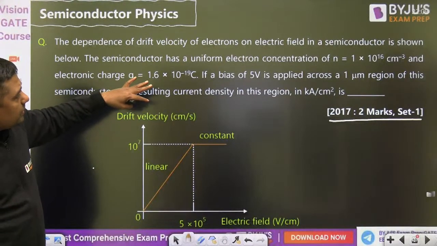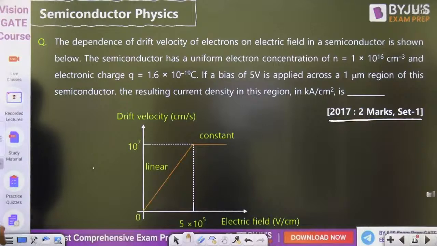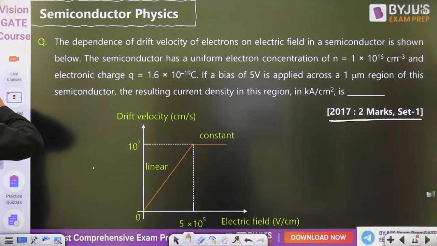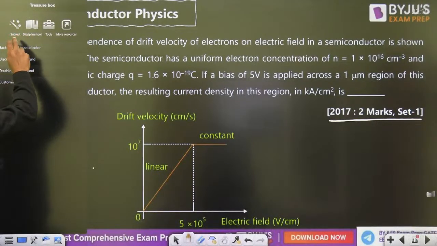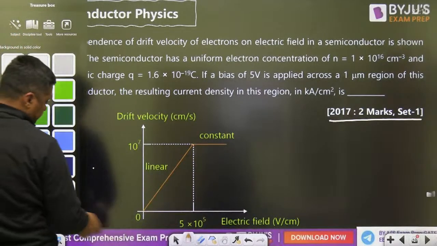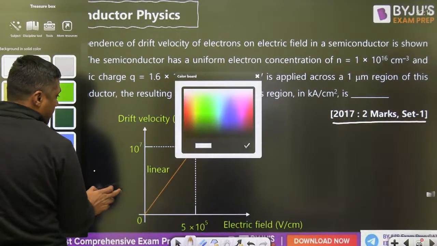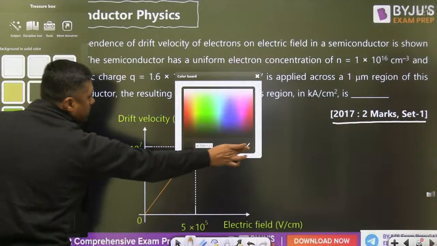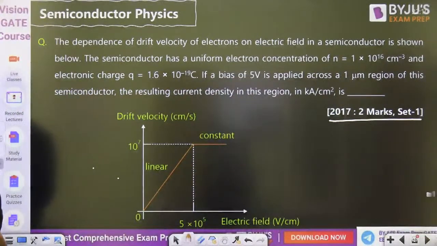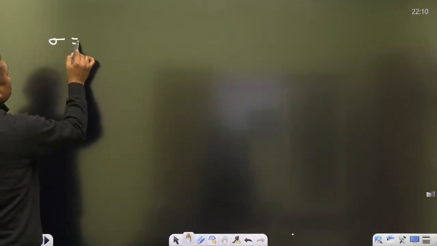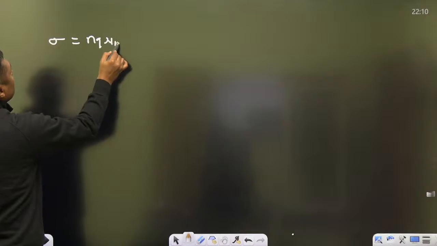First of all, remember, to solve this question, tell me what is the answer here? Okay. First of all, sigma, right?